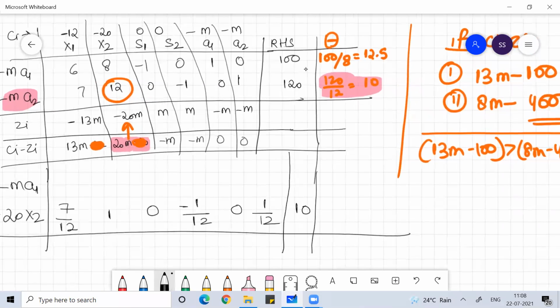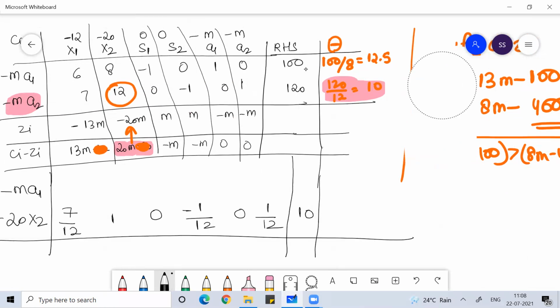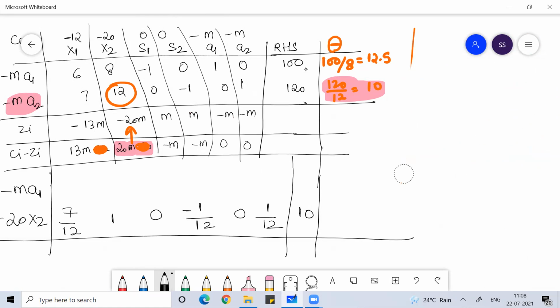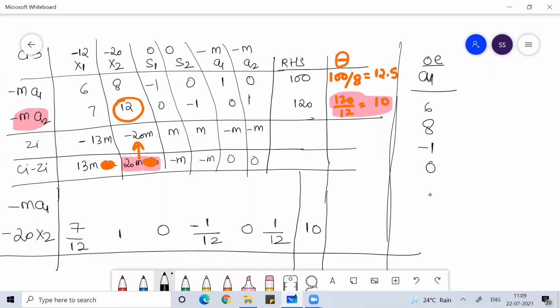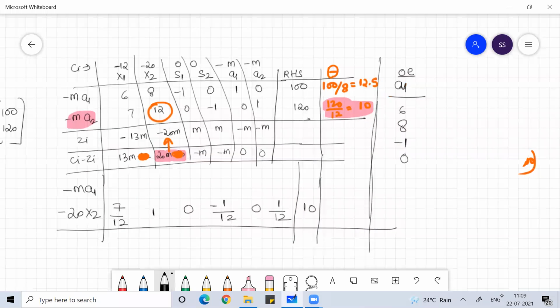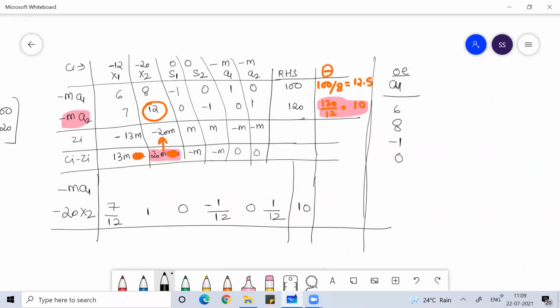I can find the new values of a1. The old element values of a1 are 6, 8, minus 1, 0, 1, 0, 0, 100.